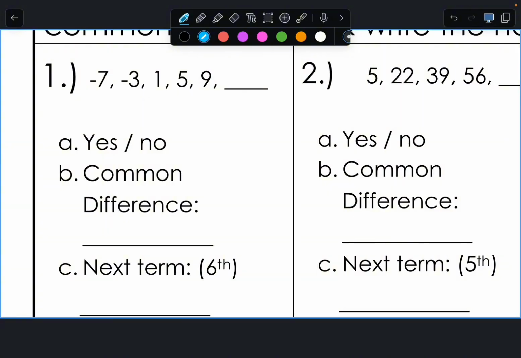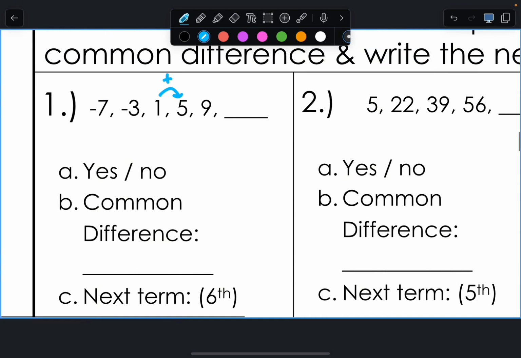How do you get from 1 to 5? Adding 4. How do you get from 5 to 9? Plus 4. To get from -7 to -3? Plus 4. Is this an arithmetic sequence? Yes, because we're adding 4 every time. That is my value of d.